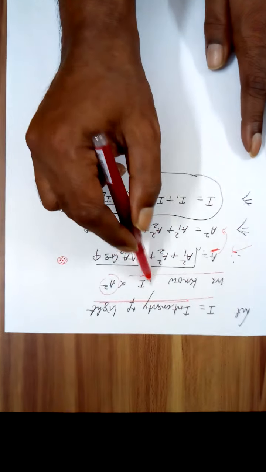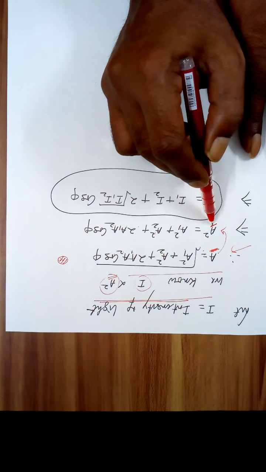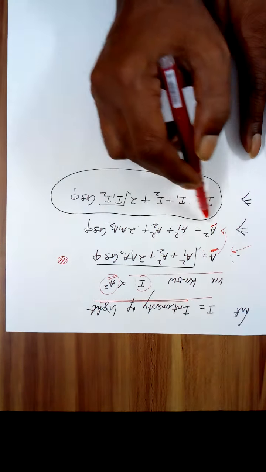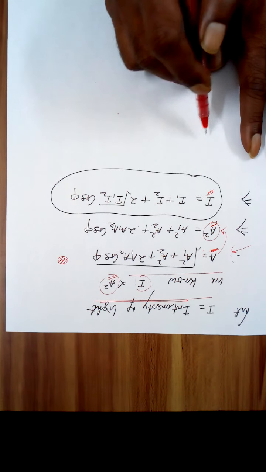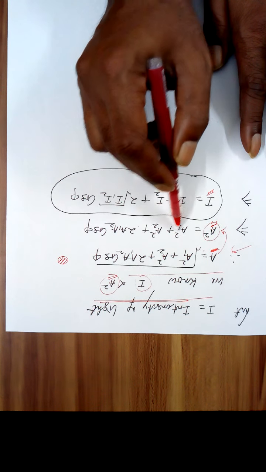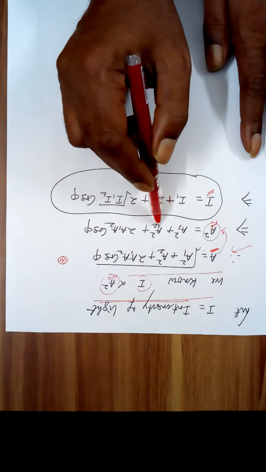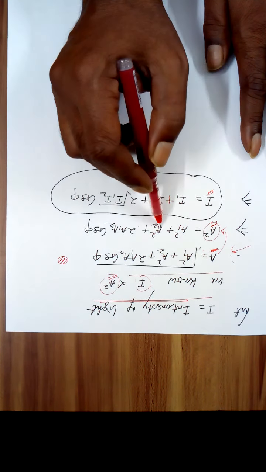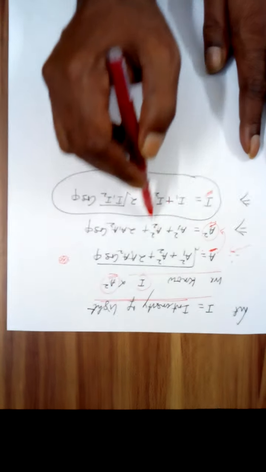Now, intensity is proportional to A square. This is the amplitude of the resultant wave, so this will be the intensity of the resultant wave. Let it be I. This is the square of the amplitude of the first wave, so this will be the intensity of the first wave. This is a2 square, the square of the amplitude of the second wave, so this will be the intensity of the second wave.